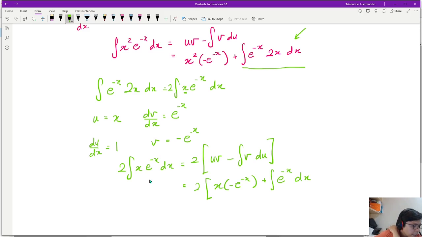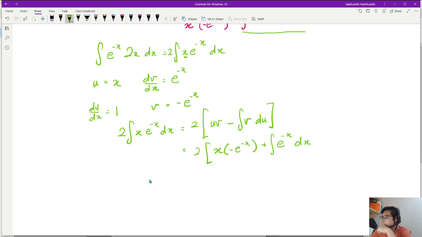Okay, and if you integrate this, you can get minus e to the power minus x again.